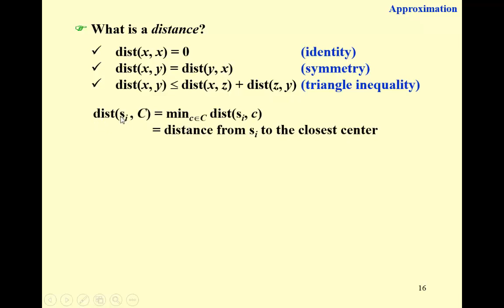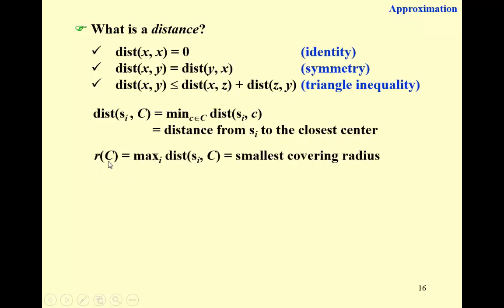And the distance between some site and the center set, capital C, is defined to be the minimum distance between this site and any specific center. Among all those centers, we take the minimum distance. That is the distance from this site s_i to the closest center.